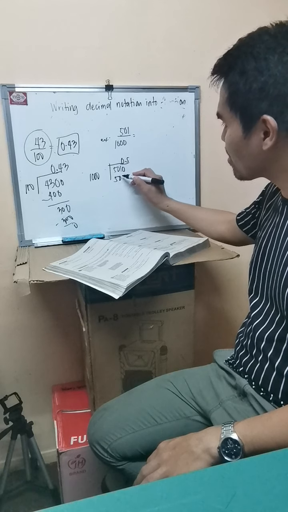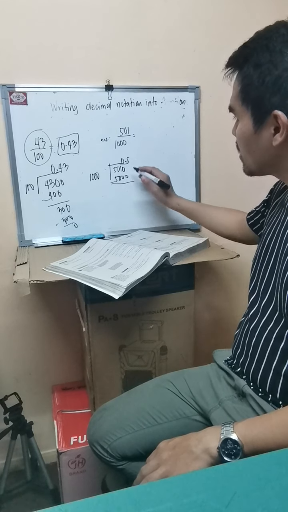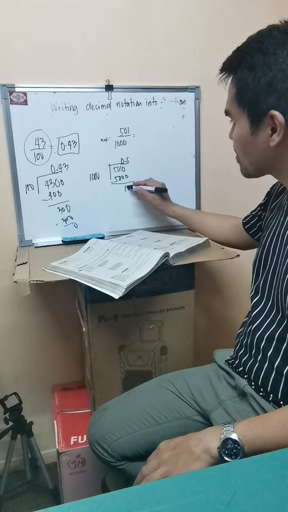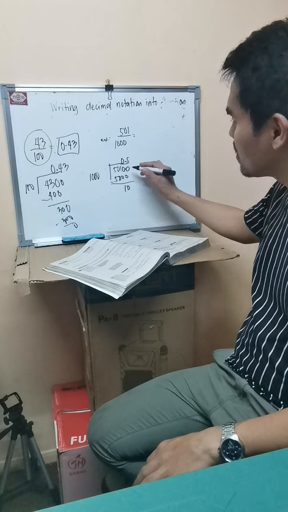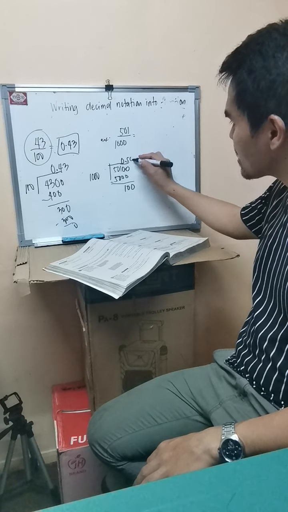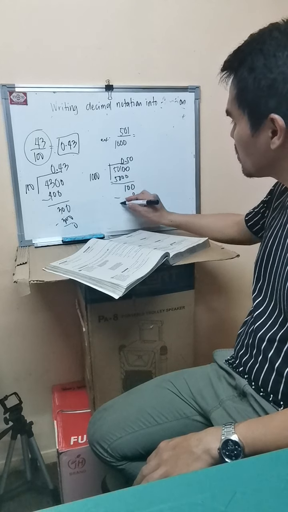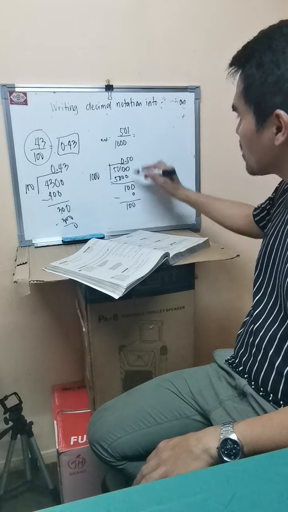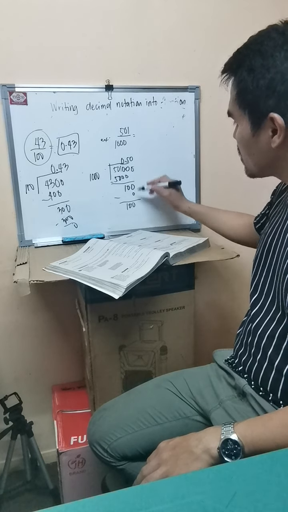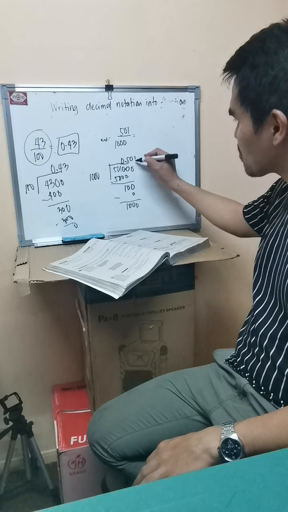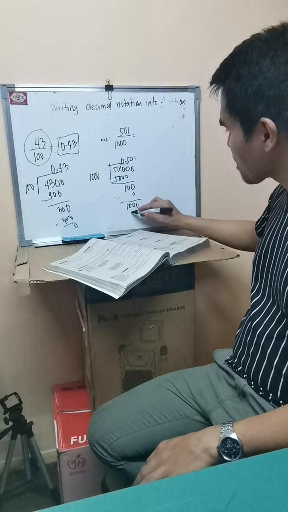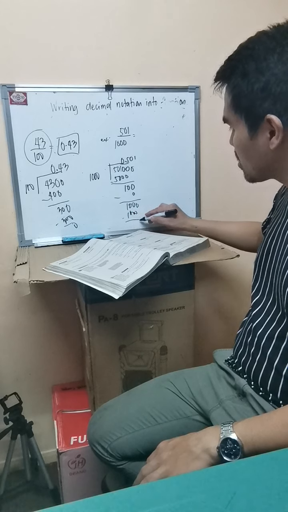Then that's 5,000. So that's 10. Add 0. Add 0 here. So this is 0. Then you have 0. So you have 100. Add one more 0. So this is going to be 1,000. So that's 1 over 1,000. That is 0.